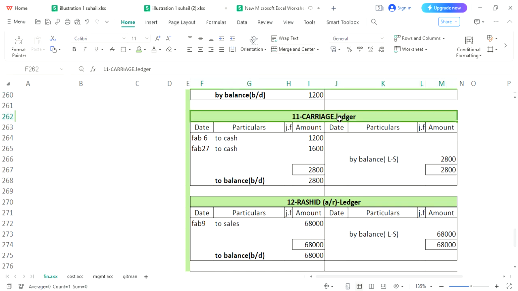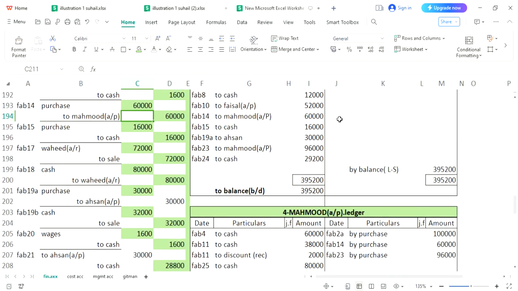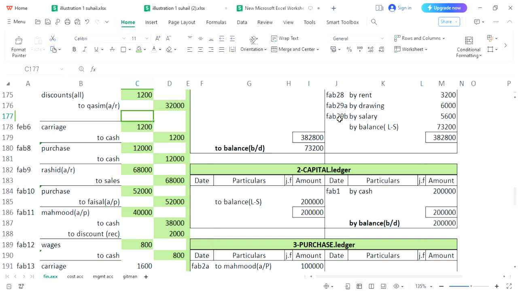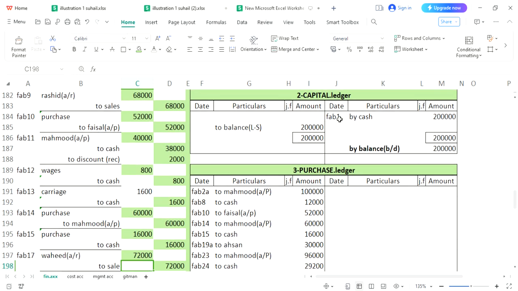Okay, this carriage ledger is also completed. That is what I was saying. Now let's see why we have selected this carriage which was present unmarked. You can see over here this 1600 is unmarked. February 13, we'll have to check the ledger for carriage.